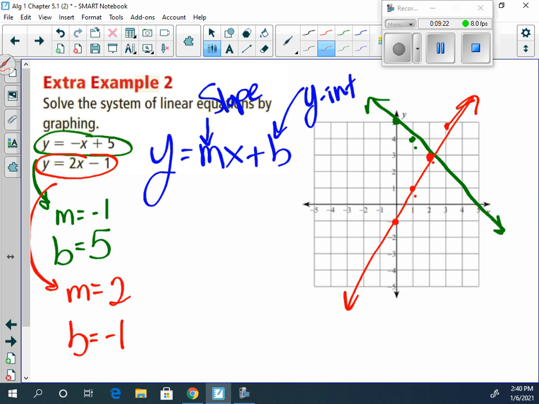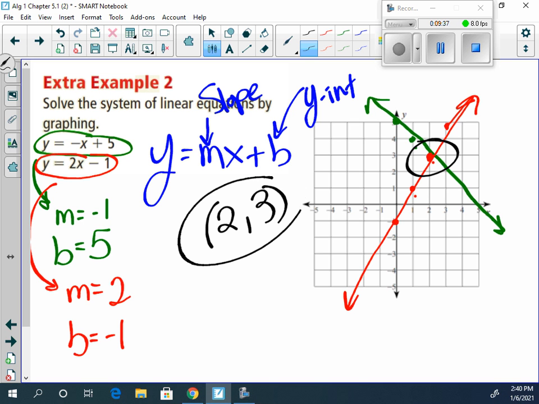But most likely, it's just wanting this point of intersection. And our point of intersection for this problem here is at what? 2, 3. So the solution for this is the point 2, 3, where x is equal to 2 and y is equal to 3. We're looking for where they cross.